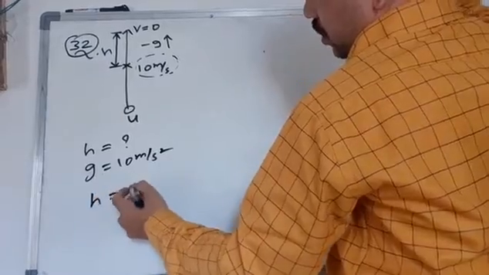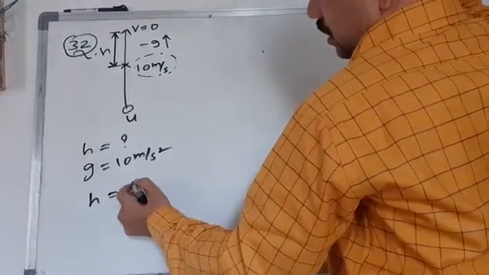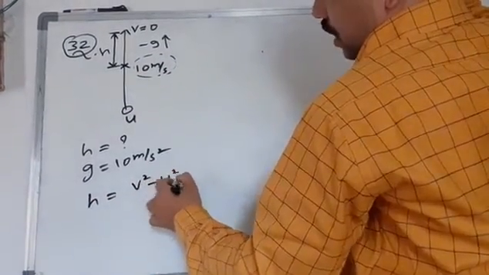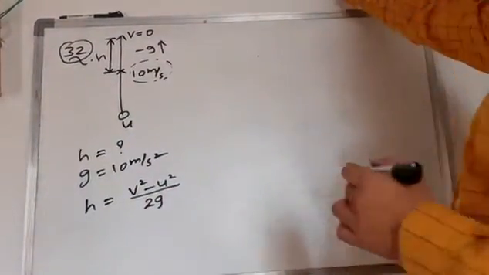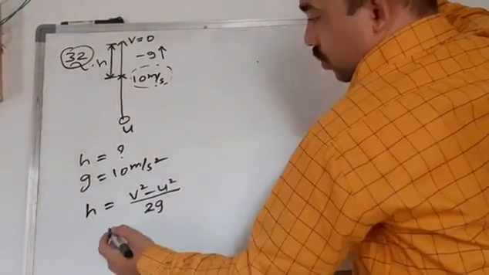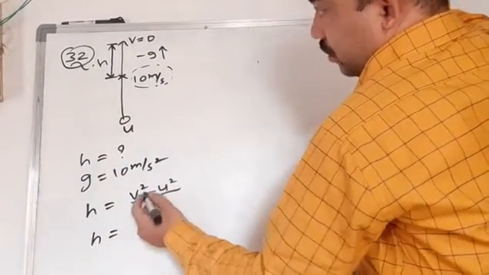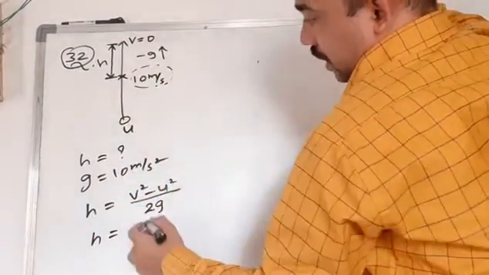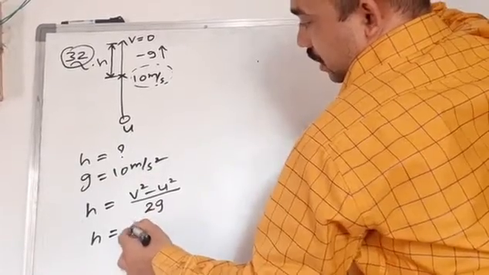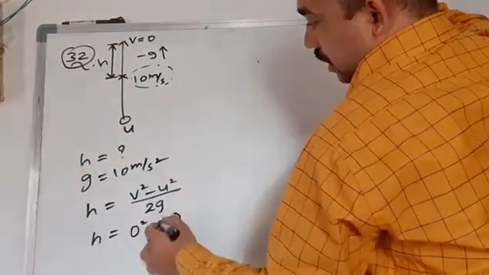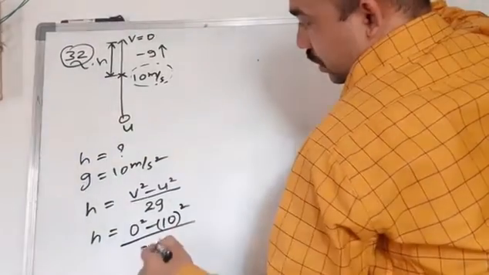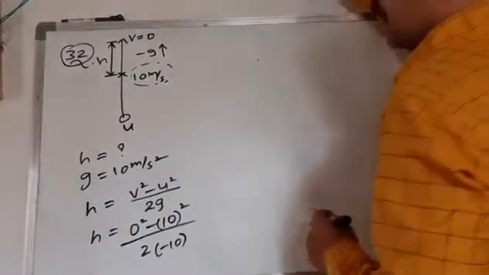So h is equal to v square minus u square by 2g. So here h is equal to 0 square minus 10 square by 2 into minus 10. Why minus?